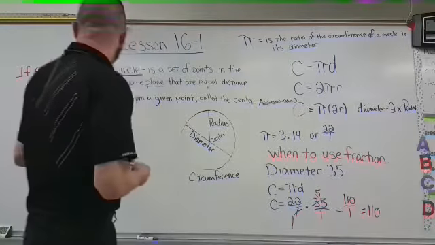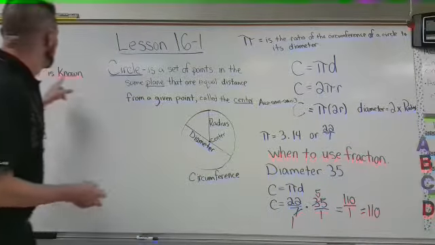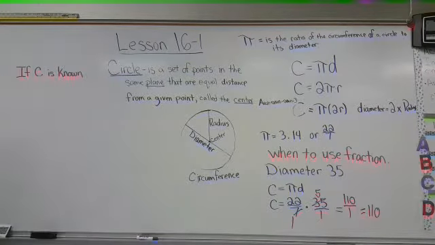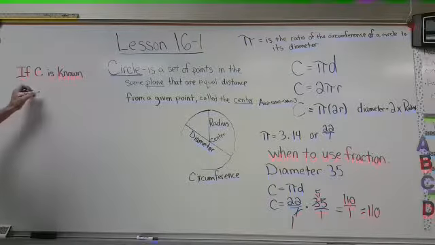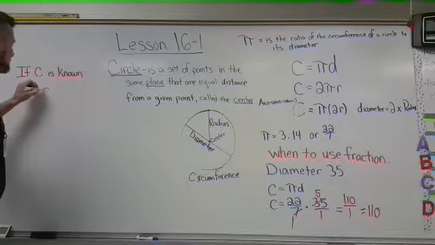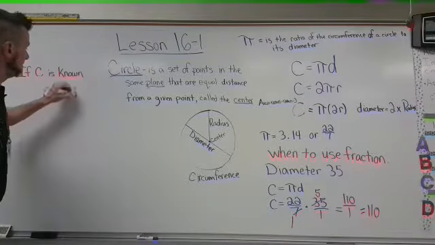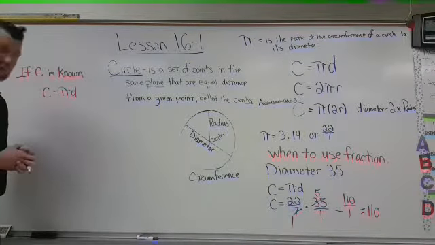Now, there's also the cases where you might know the circumference instead of the diameter. If that is the case, then what you are going to do is fill in the information you know. So circumference equals pi times diameter, because we always want to write the formula.